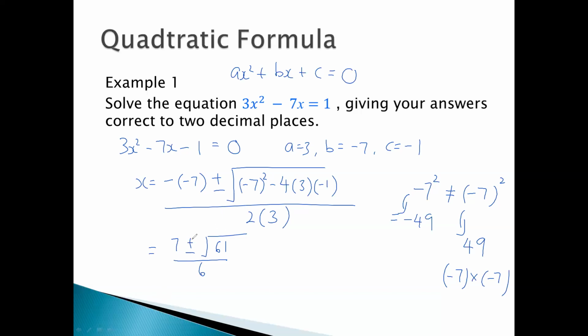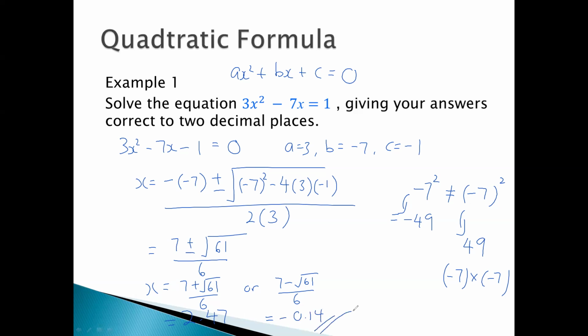So now I have two answers, plus minus. So I'll split it up. x equals 7 plus square root 61 over 6, or 7 minus square root 61 over 6, equals 2.47 in two decimal places, or minus 0.14.